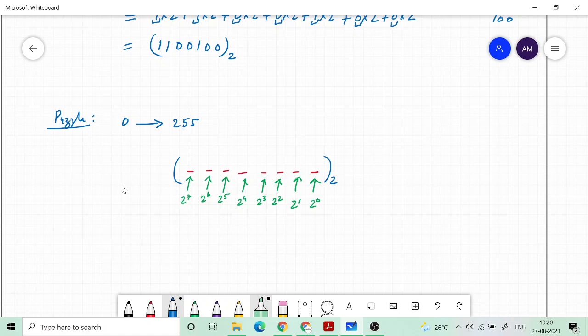How to ask the question to your friend who has imagined a number between 0 and 255? What should be the first question? So we can ask whether it's a result of the subsequent powers of 2 or not.